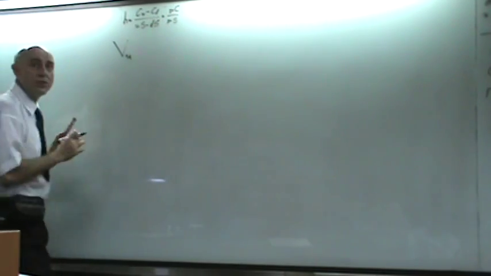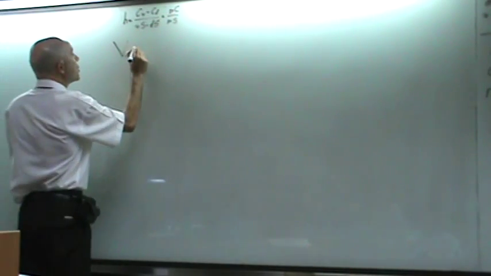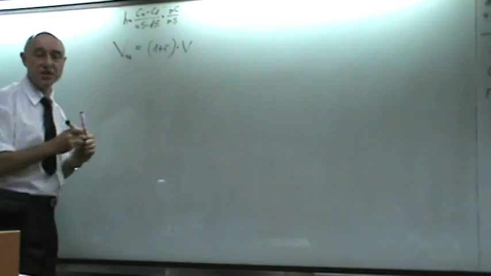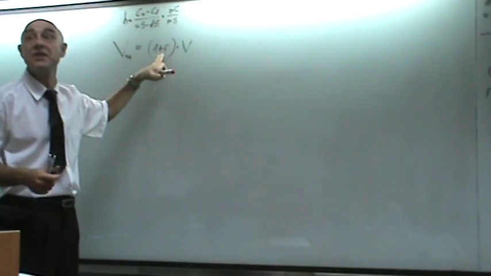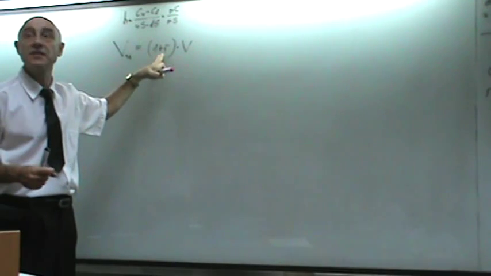VU should equal 1 plus R times V, the initial value. So VU equals V times 1 plus R.